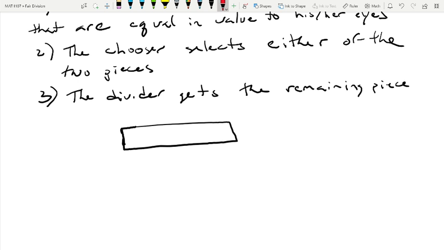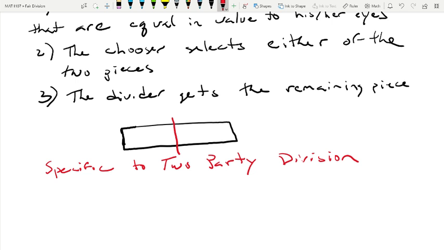Given that the one person is going to cut it, and they know the other person is going to get first choice, they are most likely going to want to cut it in half. That way both parties will get the same amount of the candy bar. So this method is specific to a two-party division.